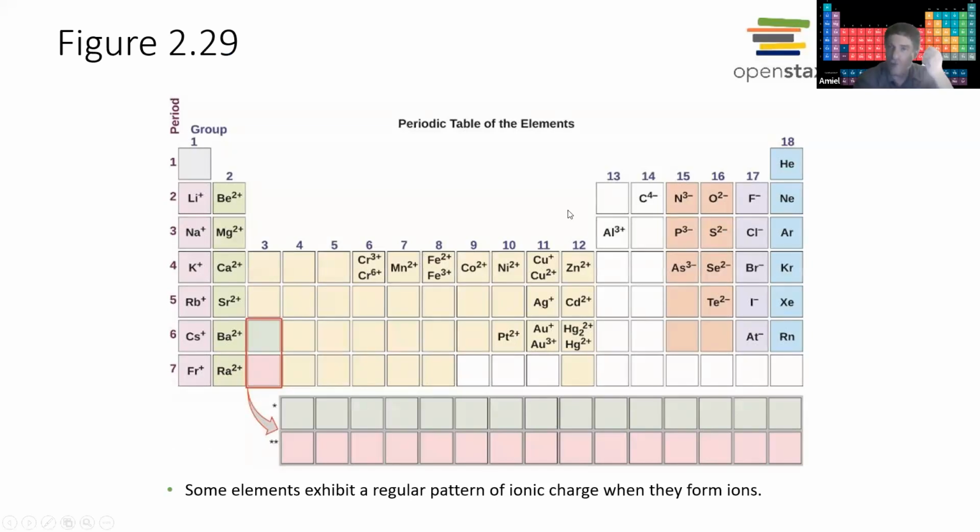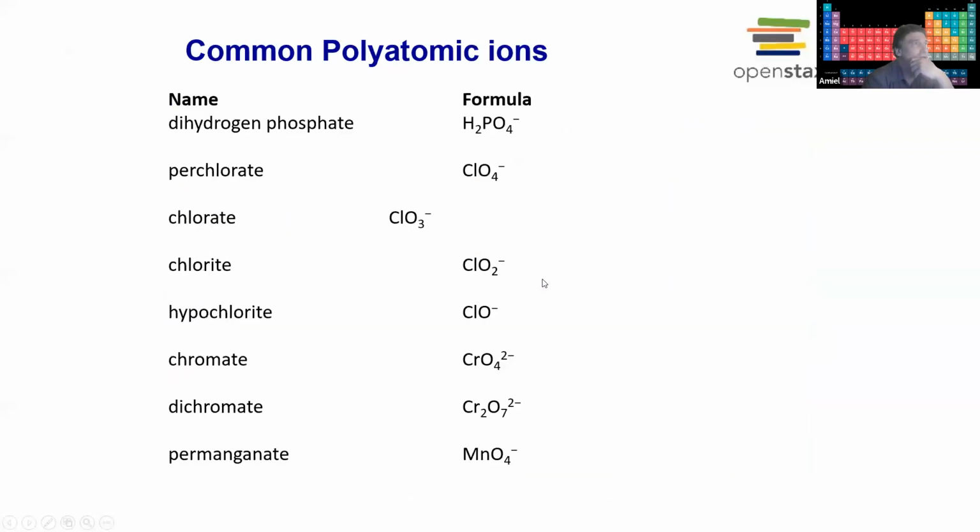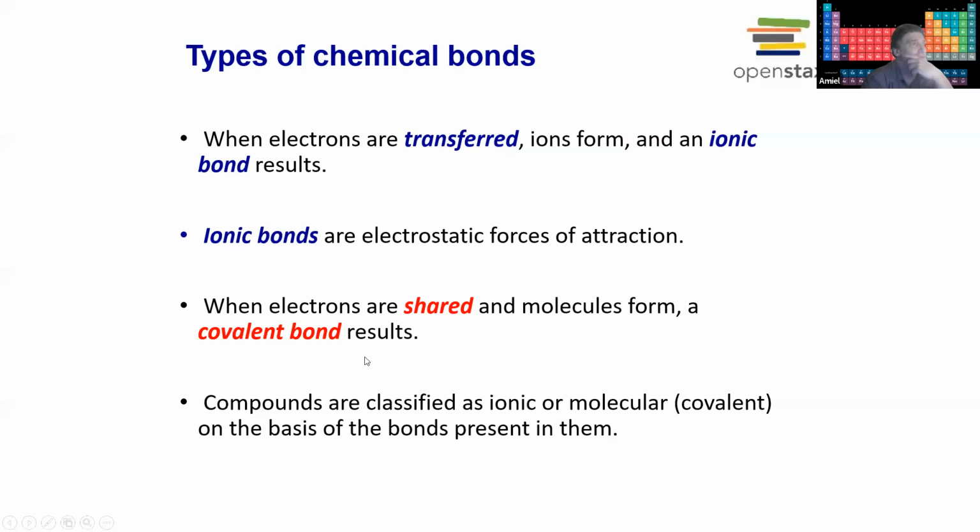Ionic bonds are formed between metals and nonmetals. Covalent bonds or molecular bonds are formed between two nonmetals. So for example, CO2, carbon dioxide, would be a molecular compound. NO, nitrogen monoxide, would be a molecular compound, two nonmetals. So that is the pattern there.